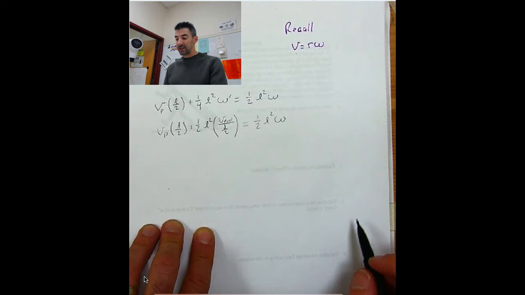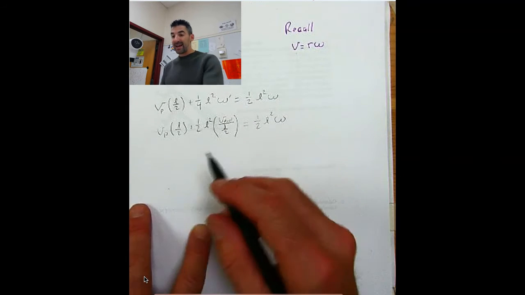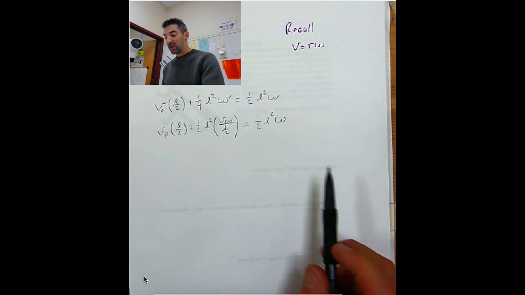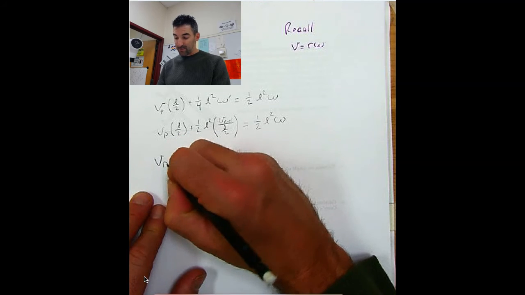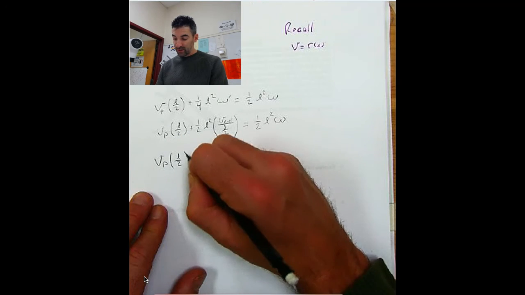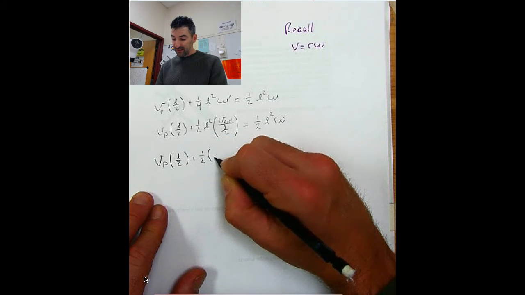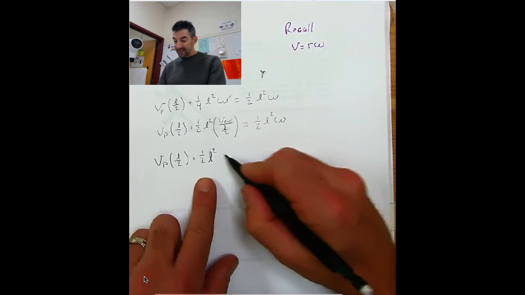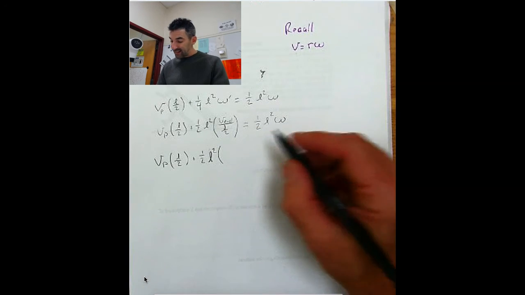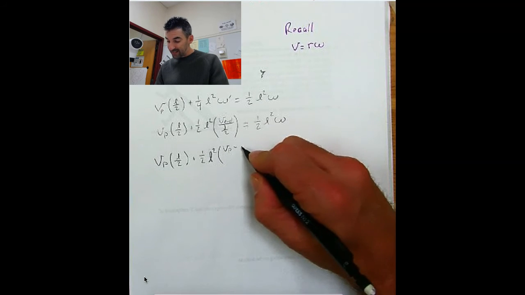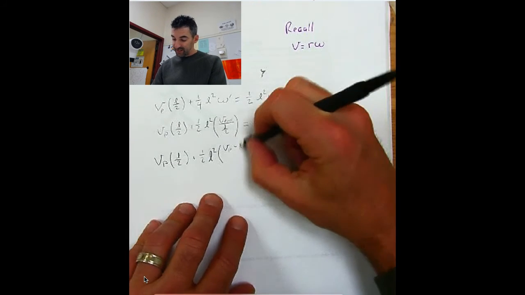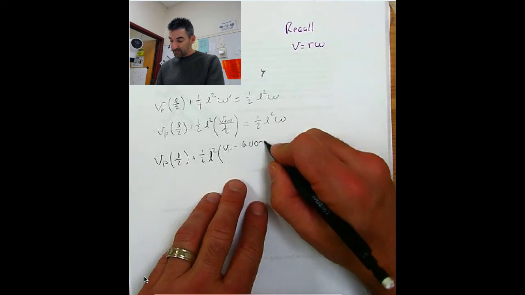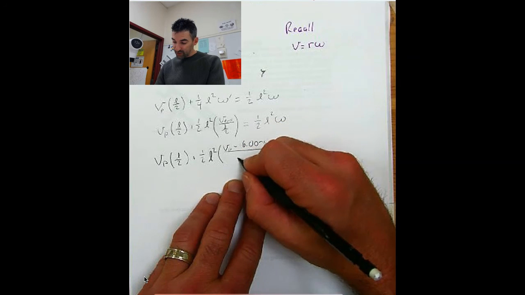My initial condition. Now, the problem told me that the velocity of the particle is 6 meters per second faster than the velocity at the end, which means I can say the velocity of the particle times L over 2 plus 1/2 L squared times the velocity at the end, which is really the velocity of the particle minus 6.00 meters per second, divided by the radius, which was L over 2.